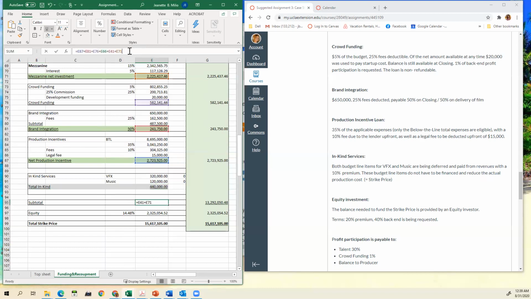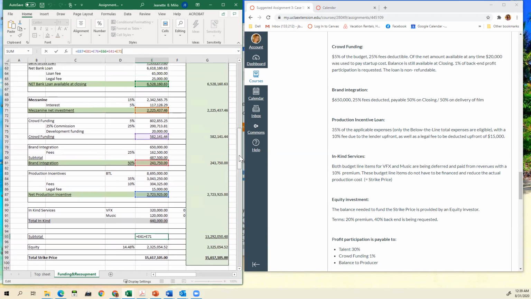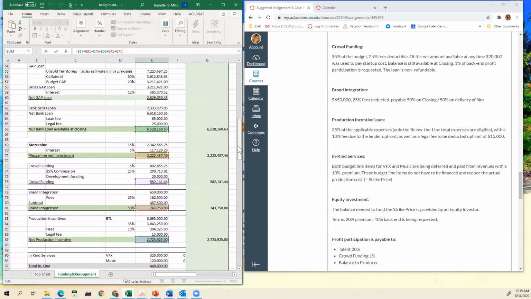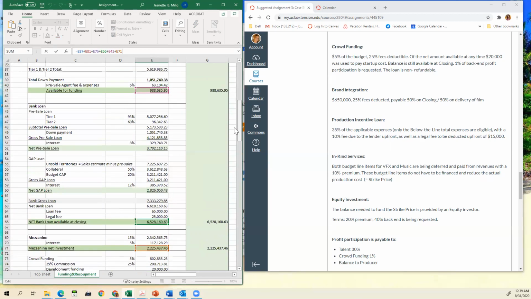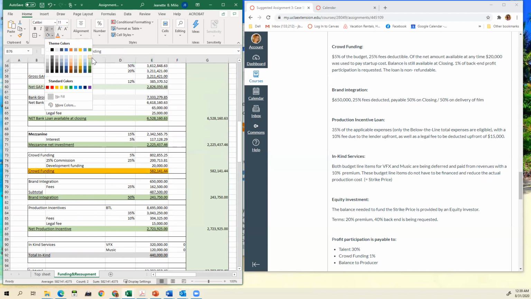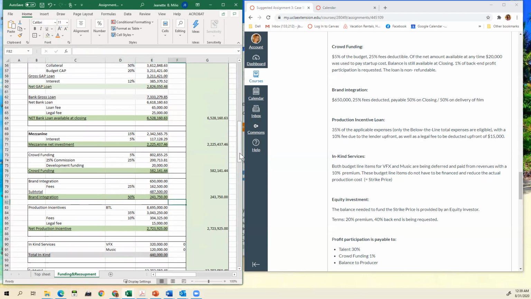I'm going to click on here and make sure that we have everything. We have a production incentive, we have a brand integration, we have a crowdfunding, we have our mezzanine, we have our bank loan, and we have our down payment. I'm actually going to make this also green. So it looks nice, everything is the same. So there we go. Easier to find things that way.